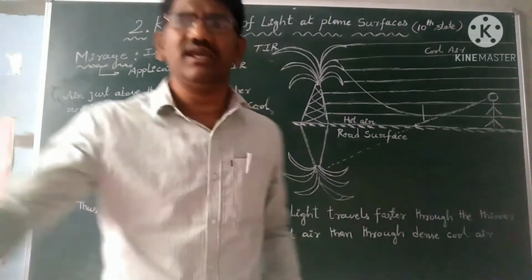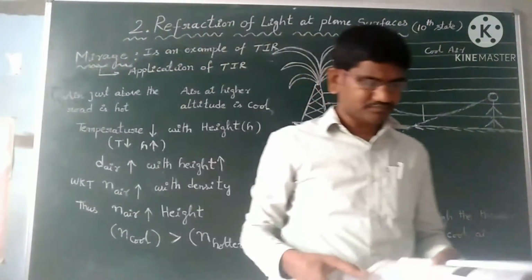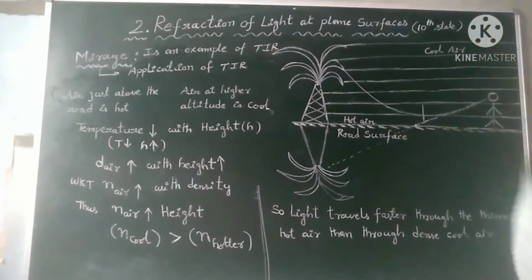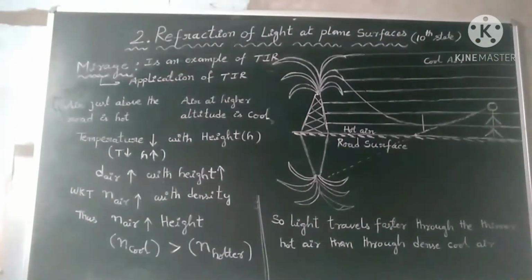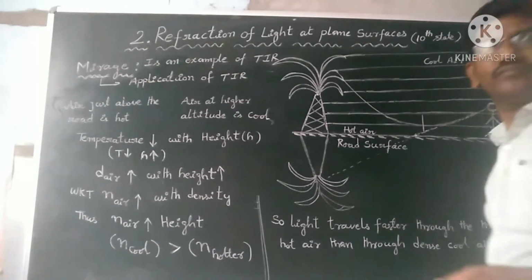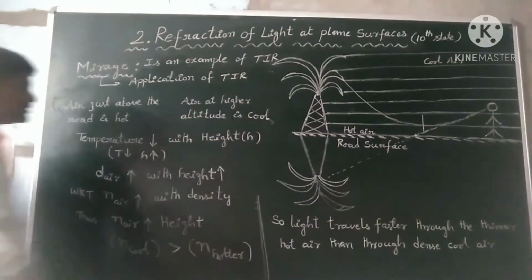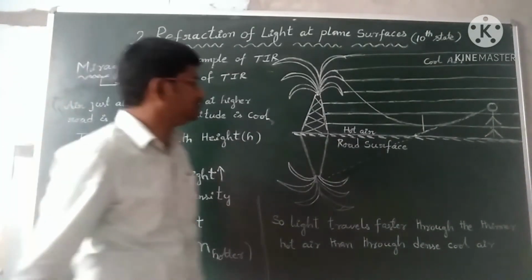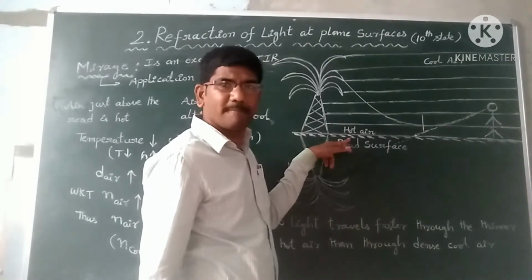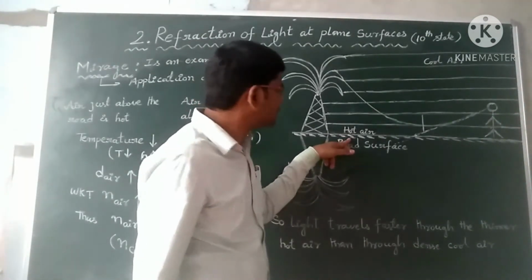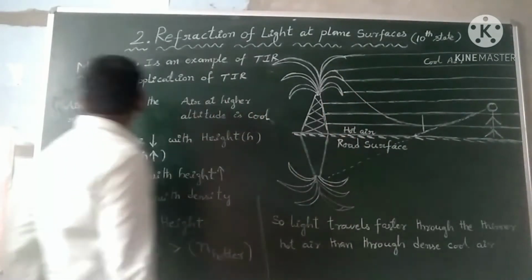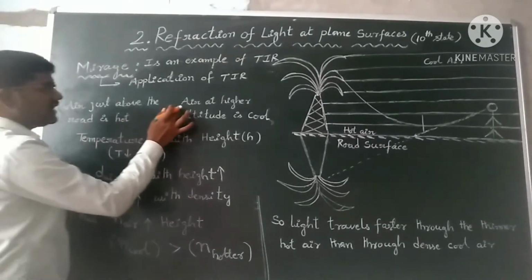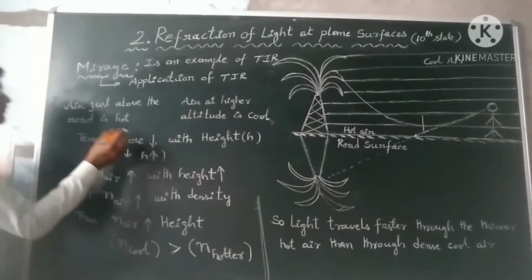Please listen to the class carefully, my dear students. Now see, during the hot summer day, air just above the road is hot. This is the road surface, my dear students. Air just above the road surface is hot, and air at higher altitudes is cool.